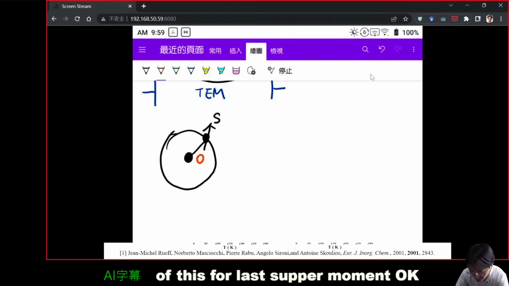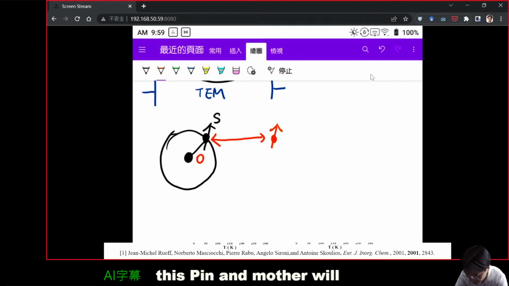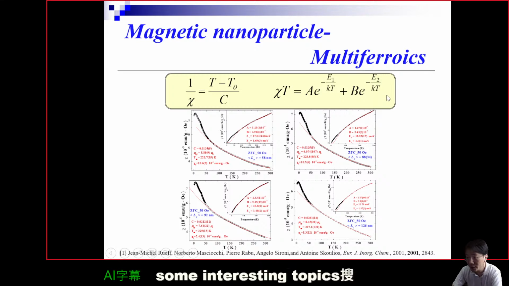Okay, so the spin and other spin will have some interaction, but the spin will also have some interaction to orbital. So we can fit these equations to obtain the spin-spin and the spin-orbital interaction.